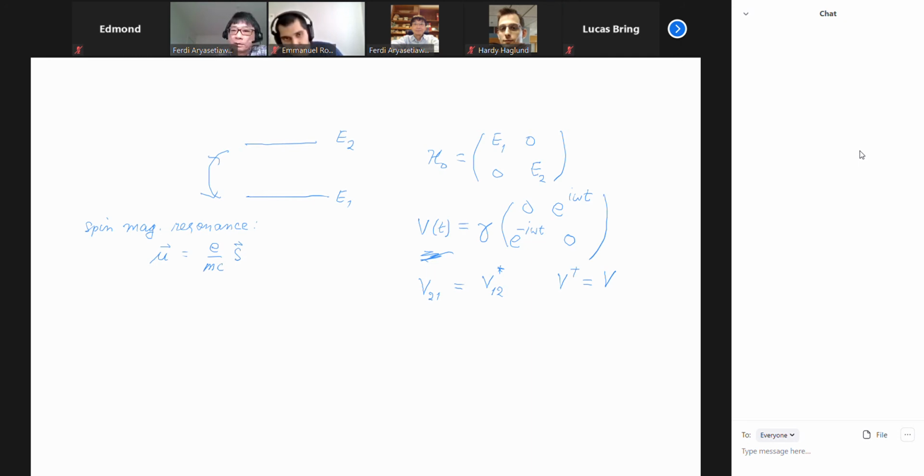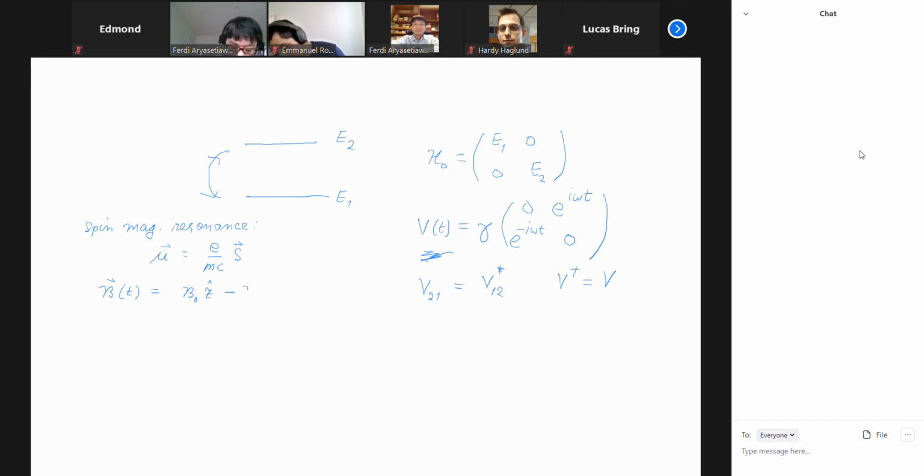So one places this magnetic moment in some time-dependent magnetic field, which is of the form B0 along the z direction. So that's a static field along the z direction.